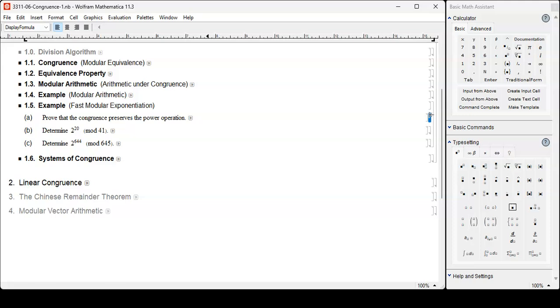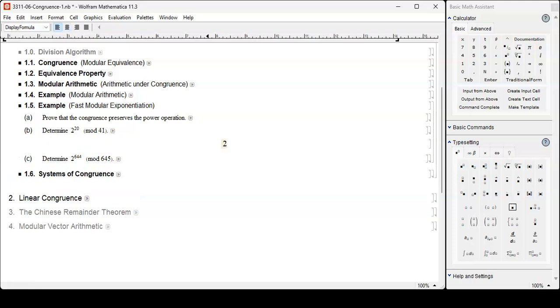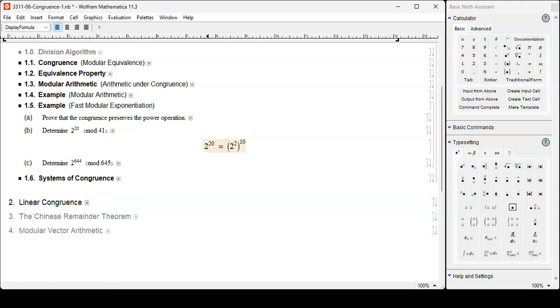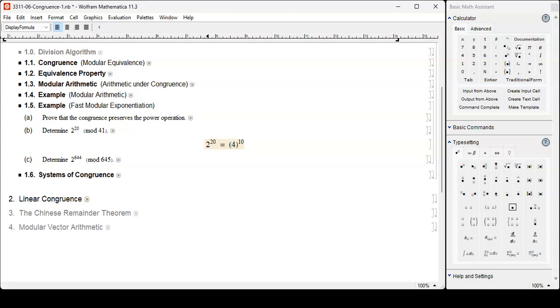Now let's go ahead and use those. In this kind of computation, let's see, 2 to the 20th power. Is there any way to reduce the base 2 modulo 41? Doesn't look so promising because 2 is less than 41, but I can rewrite it like this, 2 to the 2nd power to the 10th power. 2 to the 2nd power is 4, and can I reduce 4 modulo 41?